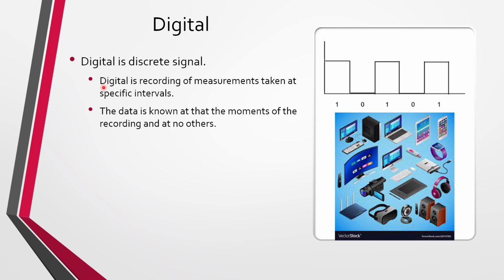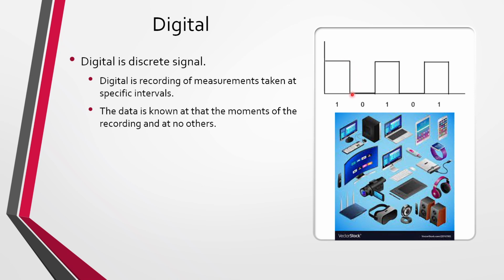Digital is recording a measurement taken at specific intervals. So the data is known at that moment of the recording and at no others. The measurement was taken right here at this point, and it's going to stay that for the signal until it's taken again.